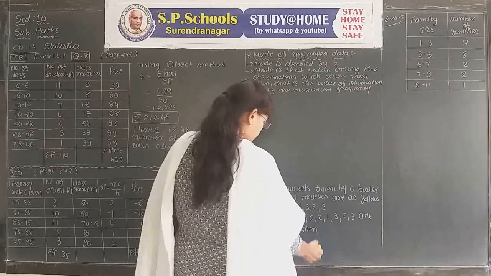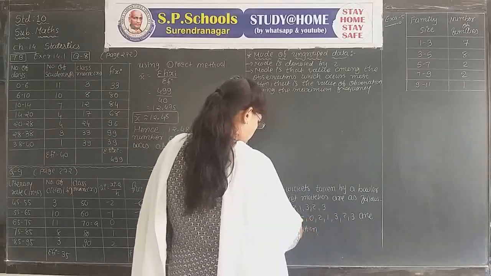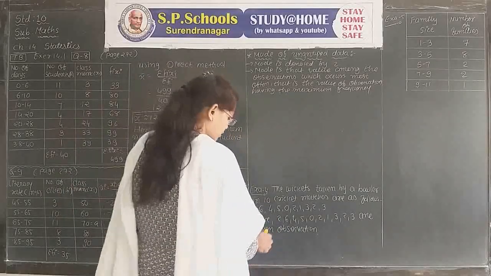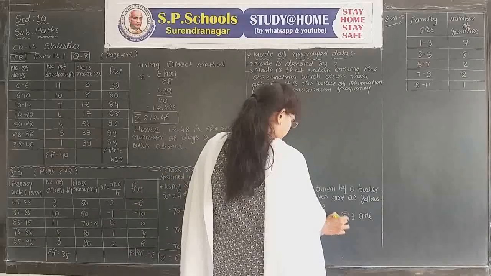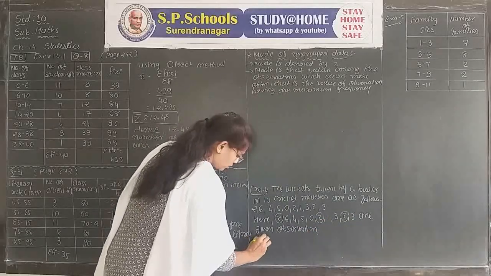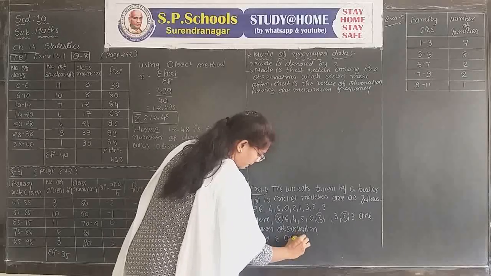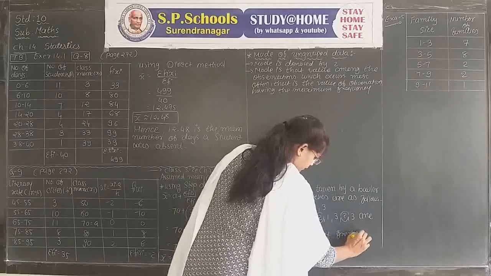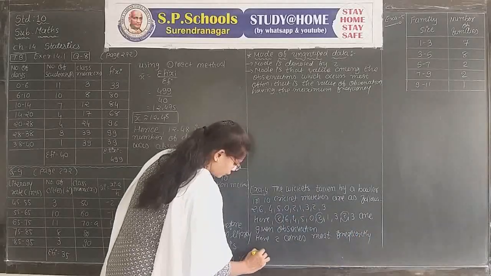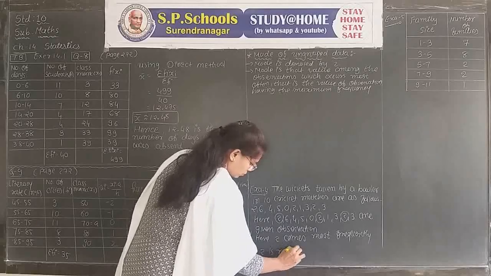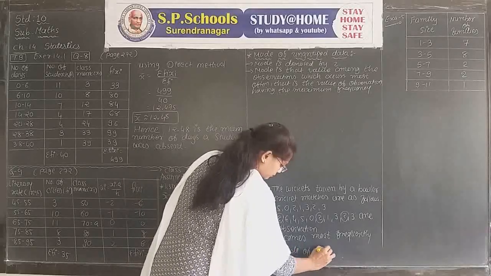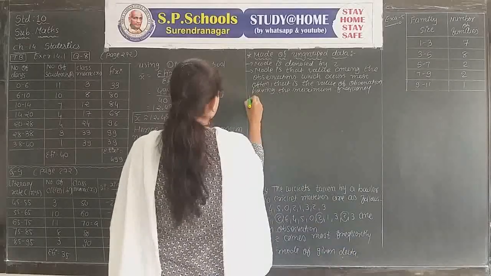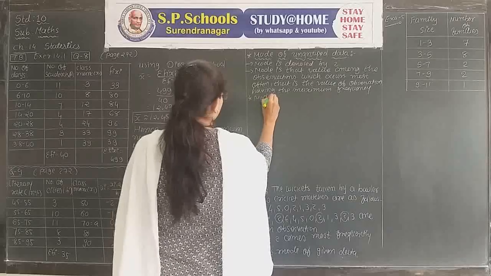We find out how many times the most frequent observation occurs. 2 comes 3 times. Here 2 comes most frequently. Therefore, 2 is the mode of the given data.